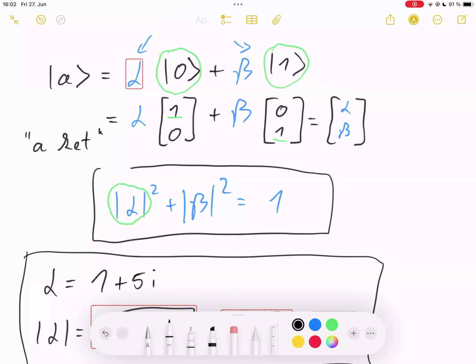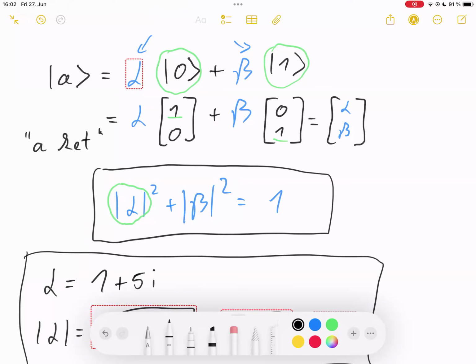This constraint comes from quantum mechanics, because in quantum mechanics you can have not just 2 dimensions, you can have way more dimensions, and then you can generalize this. But this is just a consequence of quantum mechanics, something that we are not deriving step by step now.